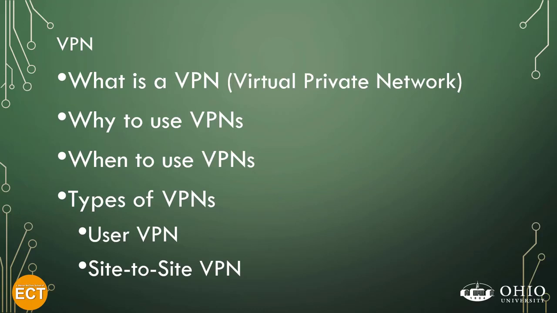So a virtual private network is a way of linking two devices together where some or all, depending on the kind of VPN that you set up, of the traffic for the device goes into an encrypted tunnel that gets shot over the internet to the tunnel head, which is receiving packets from the other end of the tunnel. There's two ends of the tunnel and one's sending to the other, where the packets will show up and they will appear to show up as if they're on the same network.